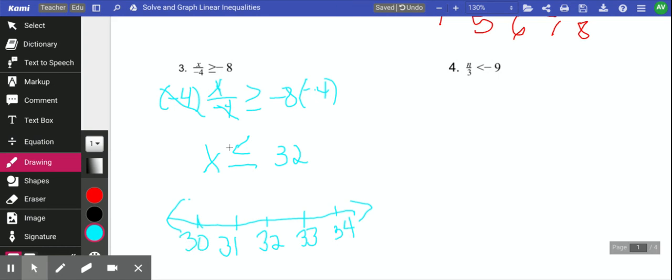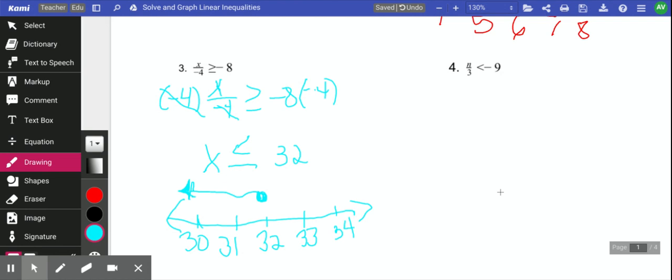This time my inequality does have a line underneath. That means we use a closed circle. And this time it is less than. So that means it goes off in the direction to the left because those are the numbers that are smaller than 32. And it says x is less than or equal to 32.